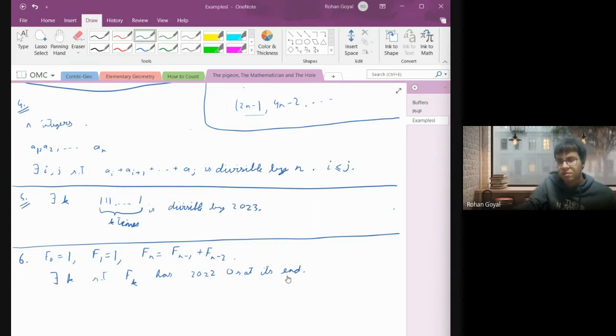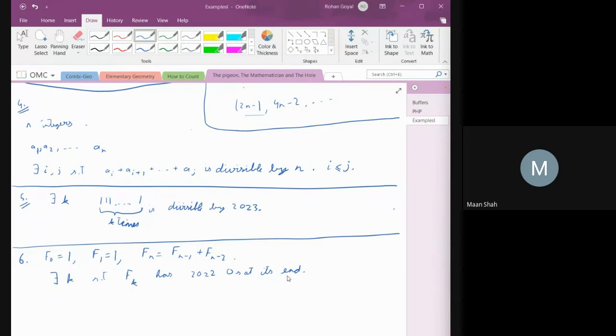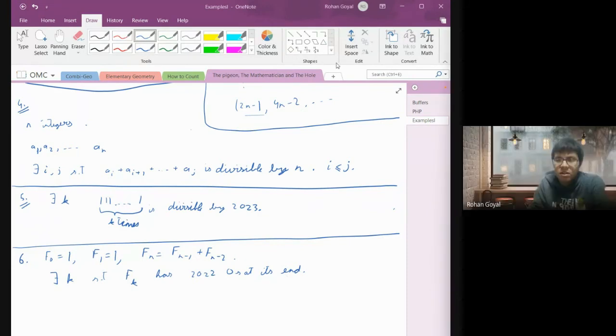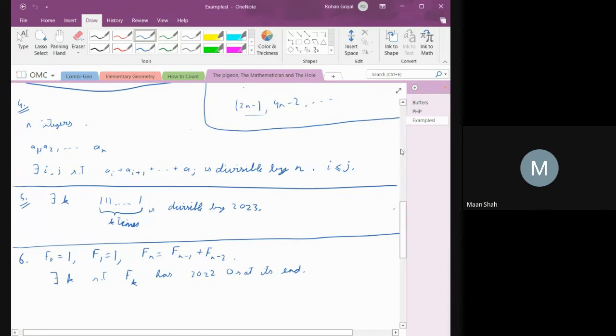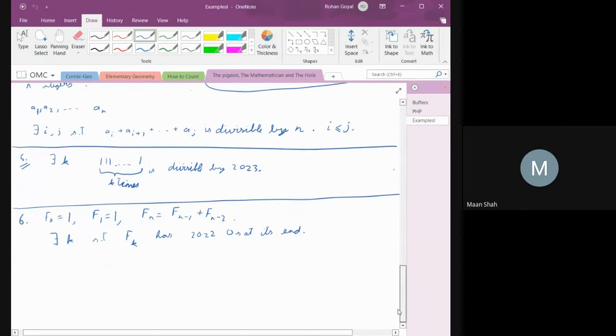So can I try the fourth one? Sure, go ahead. As n numbers are there, we can take mod n of all the numbers.